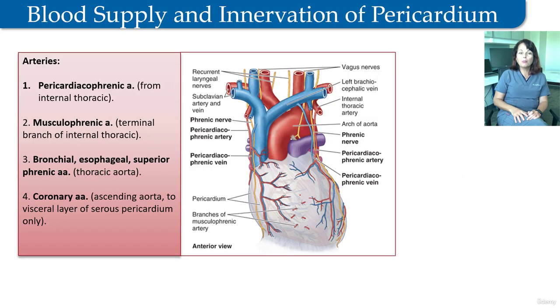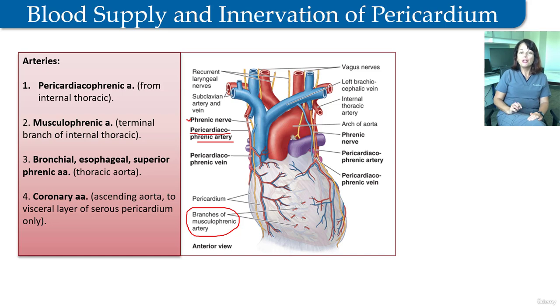The arterial supply of the pericardium is mainly from a slender branch of the internal thoracic artery, the pericardiacophrenic artery, that often accompanies, or at least parallels, the phrenic nerve to the diaphragm. Smaller contributions of blood come from the musculophrenic artery, a terminal branch of the internal thoracic artery.